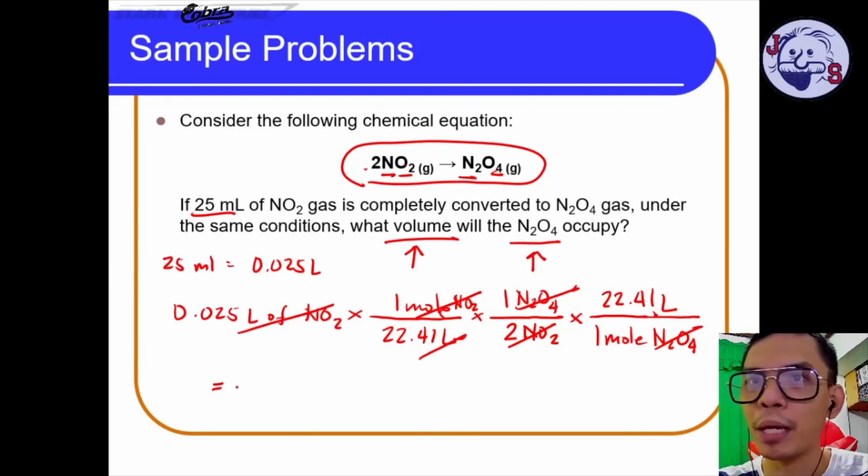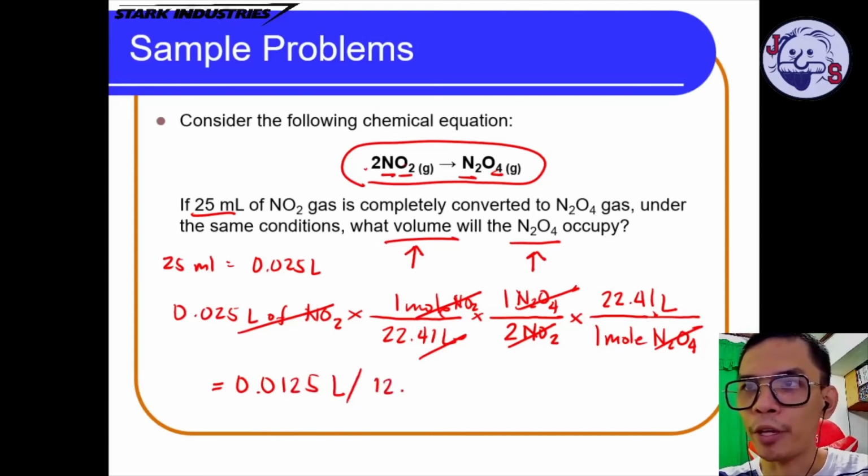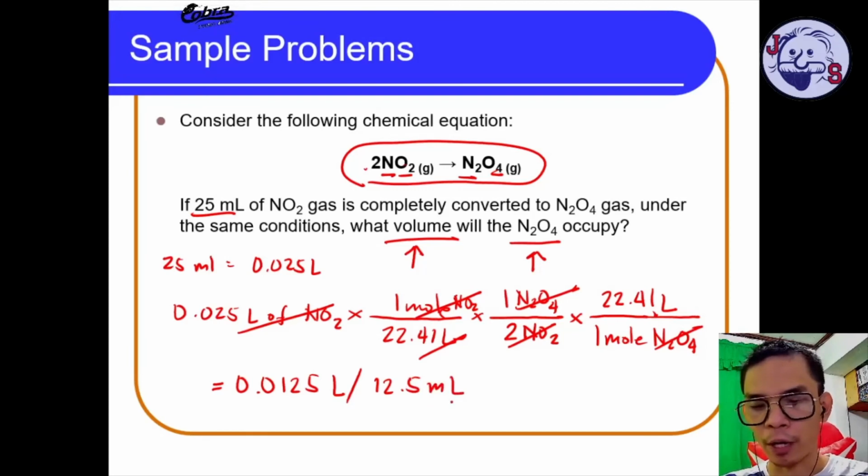Alright, so the answer will be 0.0125 liters, or that will be 12.5 milliliters. Alright, so let me see if I'm correct. Times 1,000.